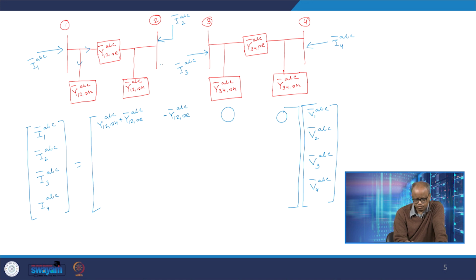For I2 again there is no contribution from bus 3 and bus 4. So for I2 it would be essentially minus Y1 to series ABC, and then this one would be Y1 to shunt ABC plus Y1 to series ABC. Let us partition it.